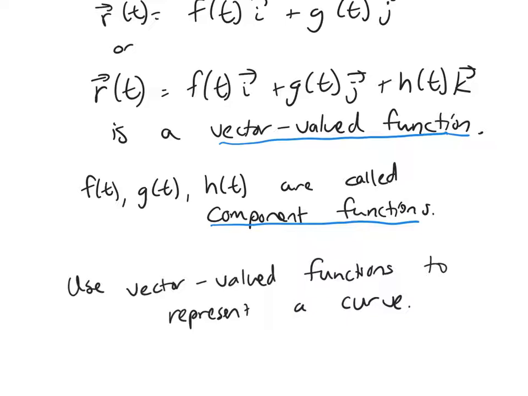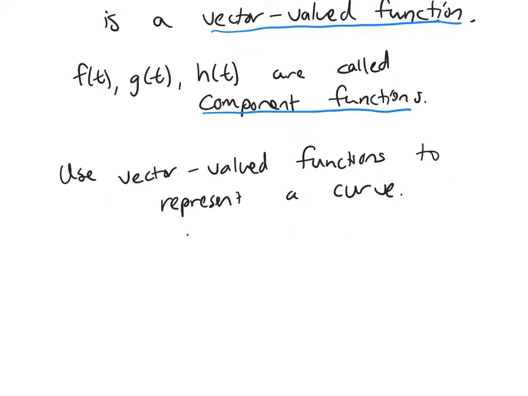When you input a value of t into your function, it outputs a vector. So you would draw the vector. For example, if I input, let's say t naught, it outputs this vector right here, r of t0. And then the terminal point of that vector would be a point on the curve.